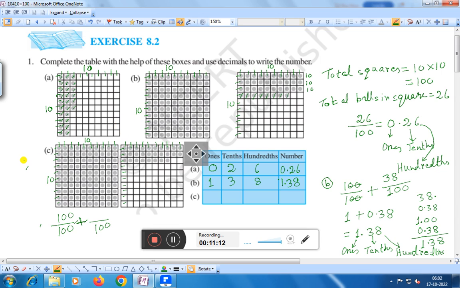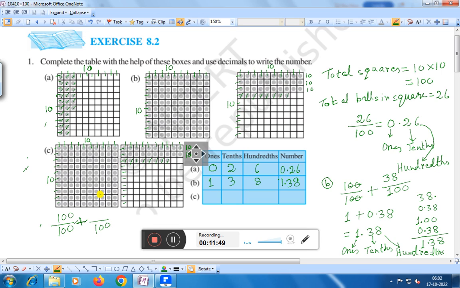If you count the balls also, let us count the balls. In the first row there are 10 balls. In the second row there are 10 balls, that is 10 plus 10, 20, and this is 21, 22, 23, 24, 25, 26, 27, 28.